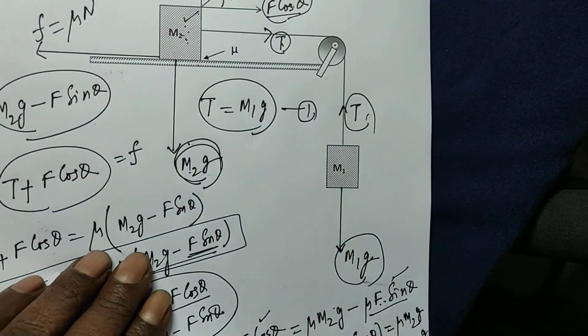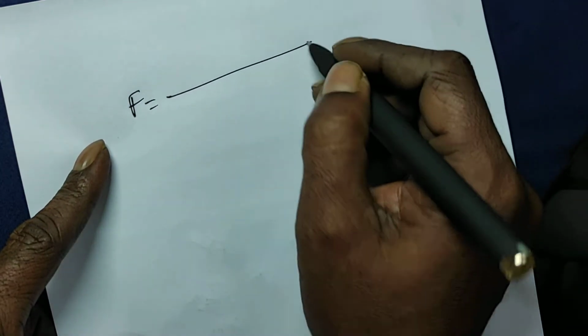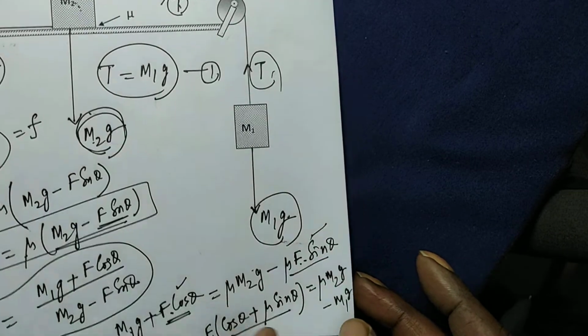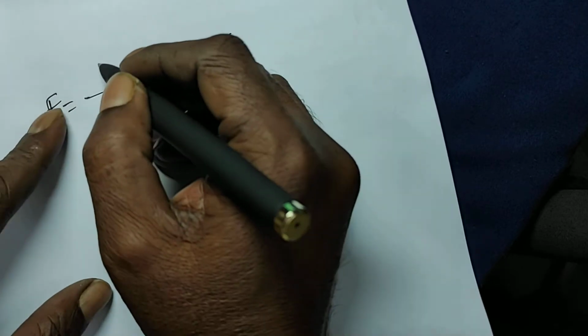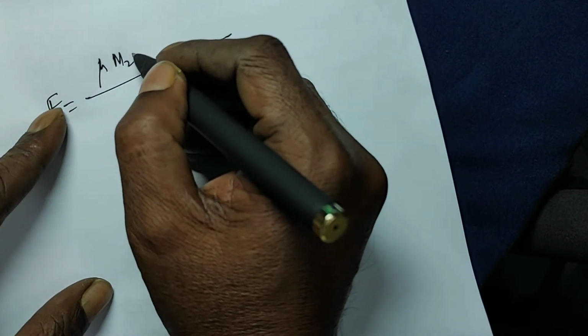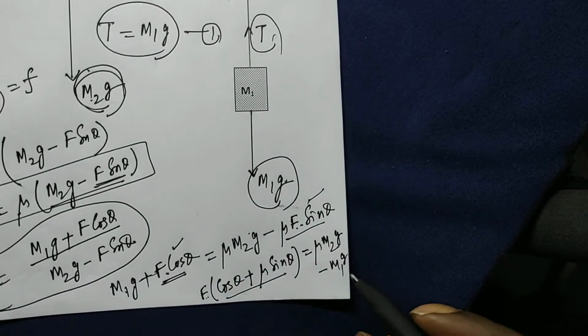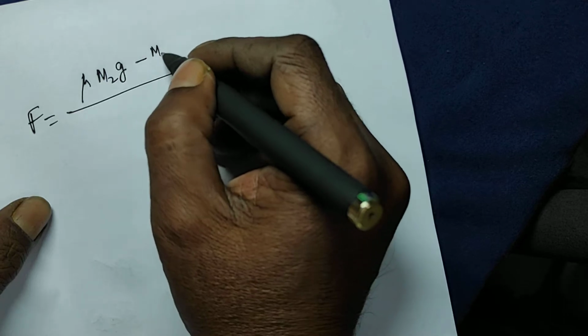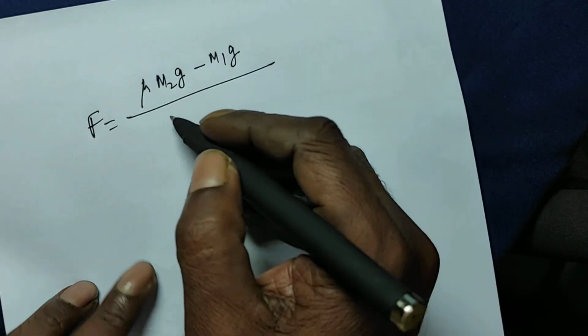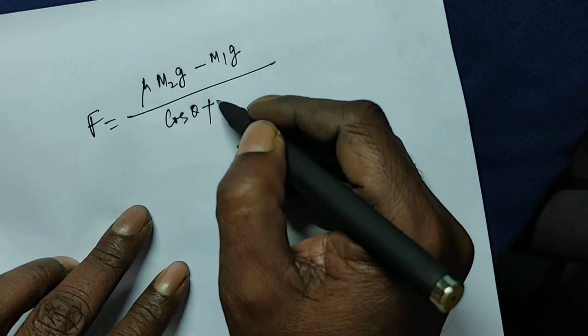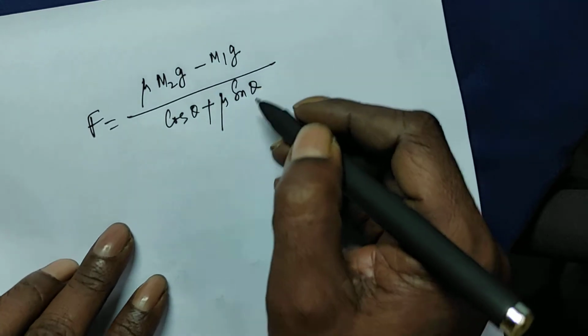So now to find F, take this to the right hand side. So your F becomes mu M2g minus M1g over cos theta plus mu sin theta.